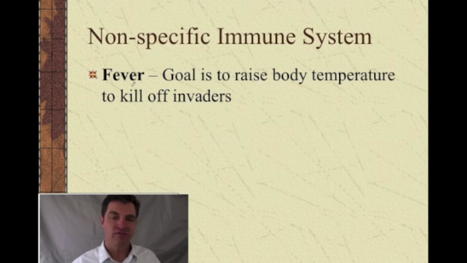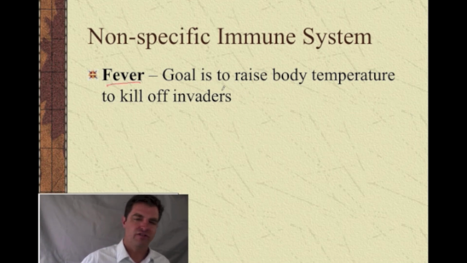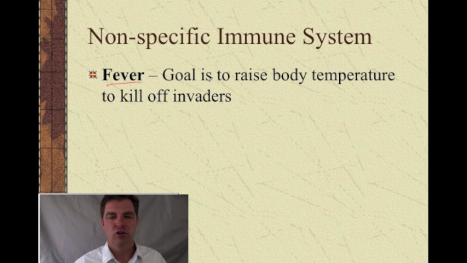I just mentioned the fever. Fever is, although it makes you feel really crummy, the idea of a fever, the reason your body will elevate its body temperature is if you have a bacterial infection, often the bacteria can only survive within a narrow range; the homeostasis of the bacteria is maybe only around 37, 38 degrees. So the idea of a fever, by raising your body temperature to like 39 degrees, is perhaps it will kill the microorganisms.